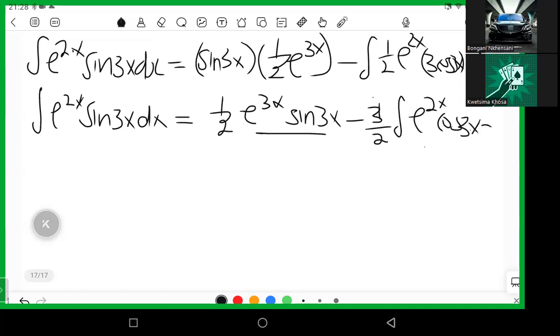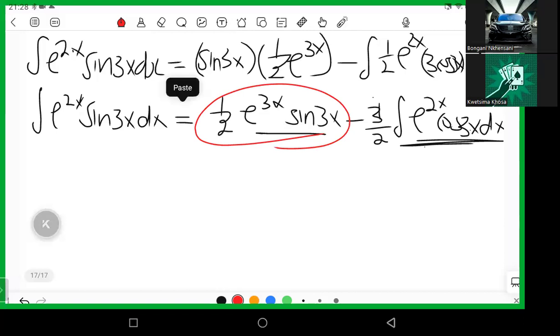Meaning here you're going to have to use integration by parts again. But if you notice this one and this one, they are the same. So we can take one of them to the left.